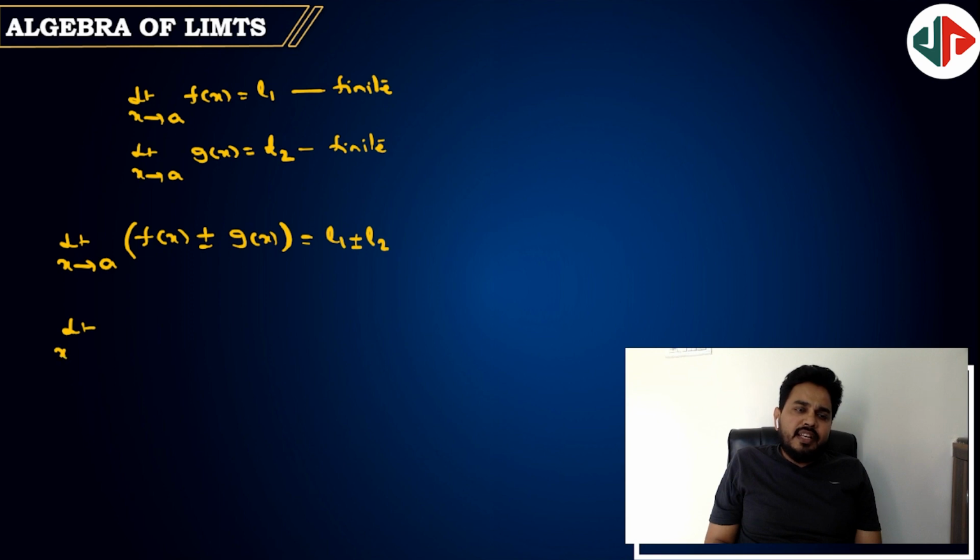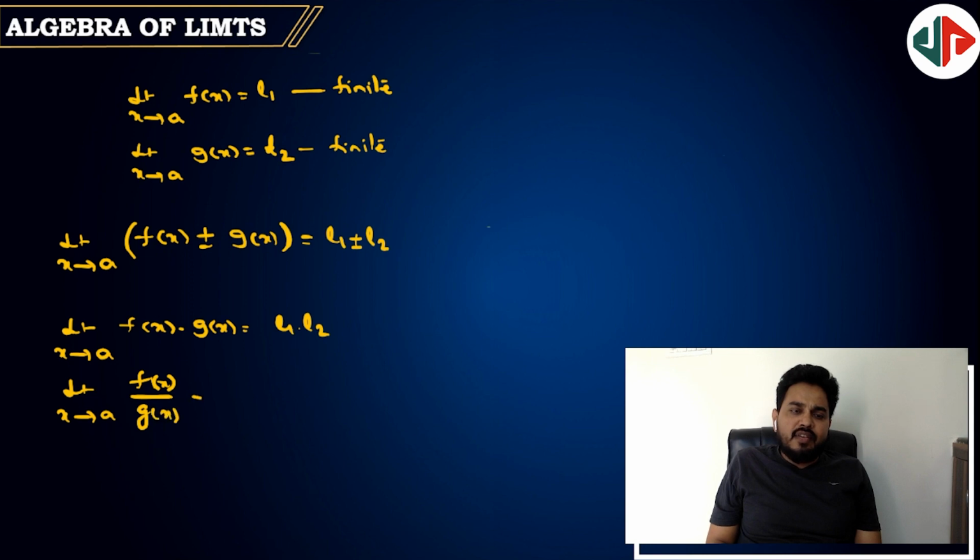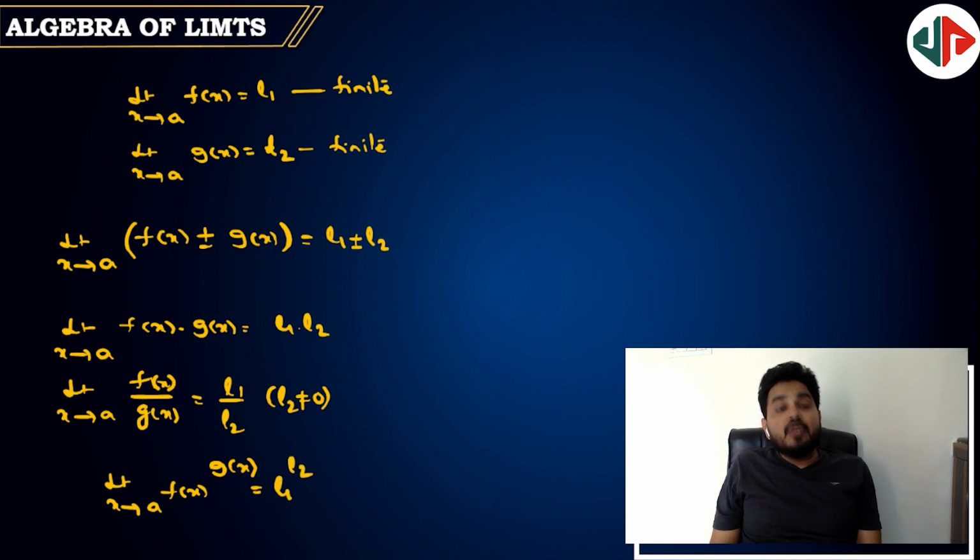Limit of f of x into g of x is equal to L1 into L2. Limit of f of x by g of x is equal to L1 by L2, where L2 is not equal to 0. And limit of f of x power g of x is equal to L1 to the power of L2, provided L1 should not be equal to 1.